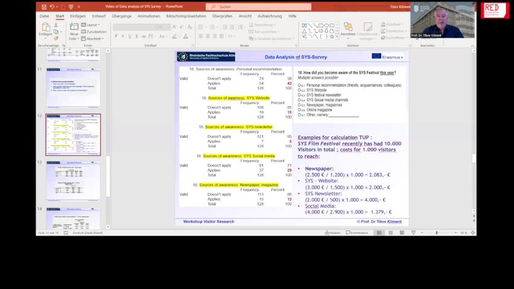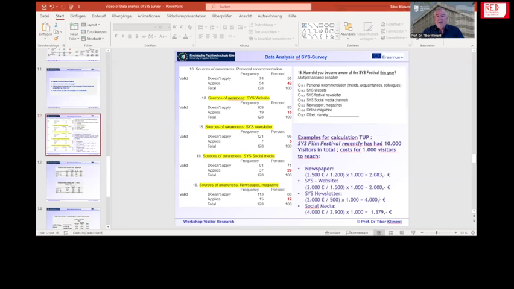We divide the costs by the people and multiply it by 1,000, and what we then have is the 1,000 user price, which is the costs that are needed to reach 1,000 people by this channel. If we do this here, we have 2,000 euro for the newsletter. We have 500 people that saw the newsletter. We multiply this by 1,000, so we have a 1,000 user price of 4,000 euro.